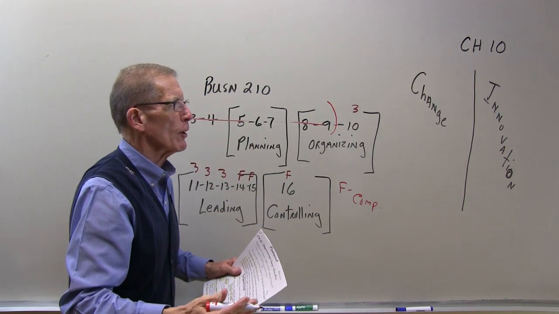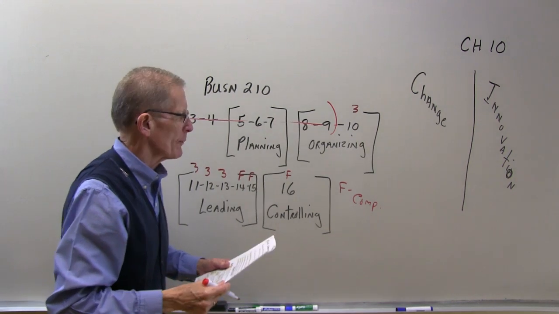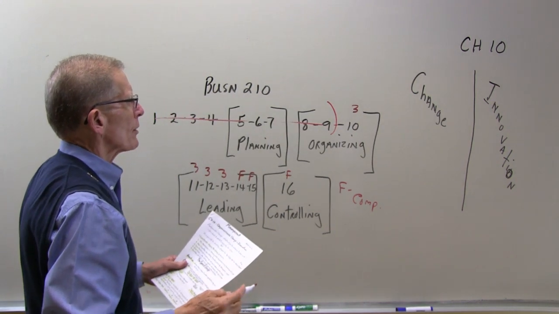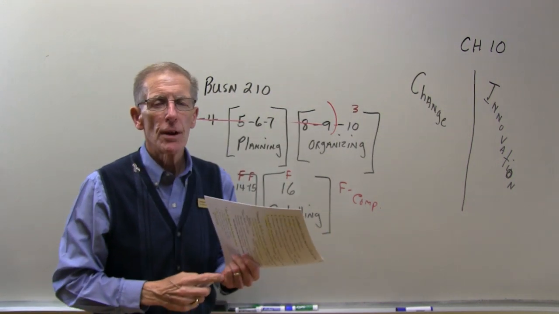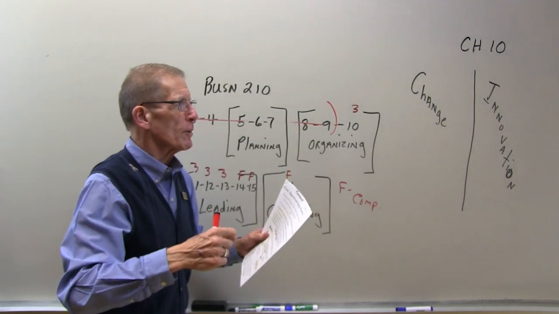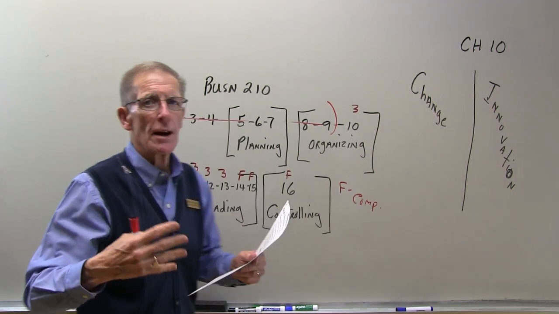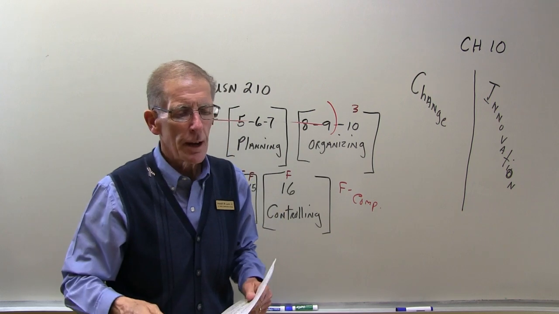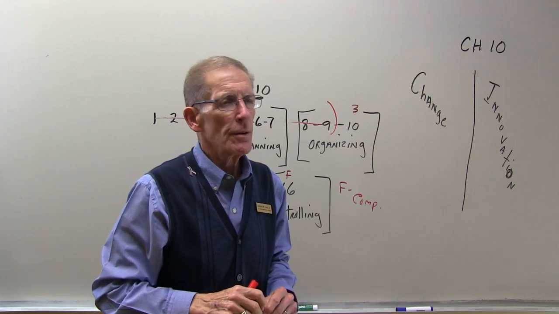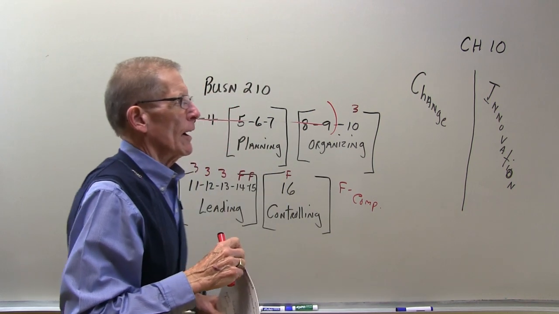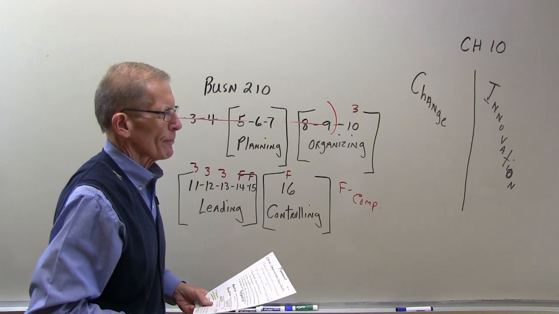And we'll review those with you before we actually take the final. So what we're looking at today is chapter 10, as we start on those four chapters, 10, 11, 12, and 13, that we're going to need before test number 3.